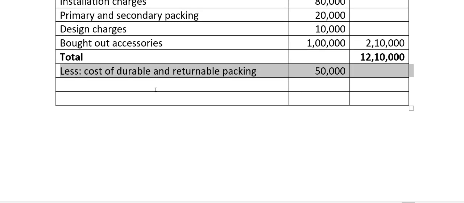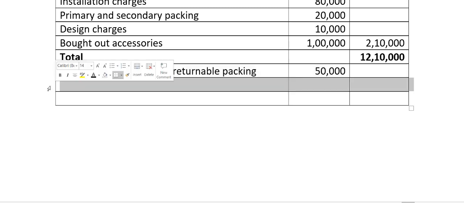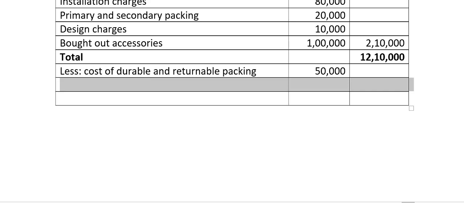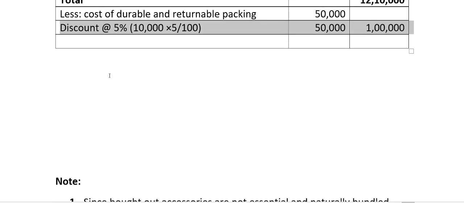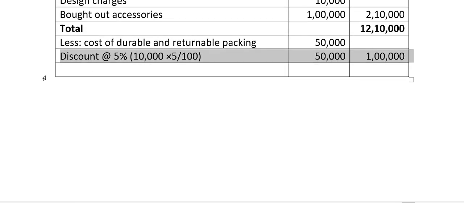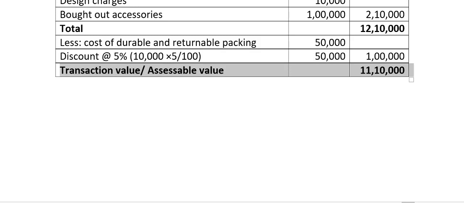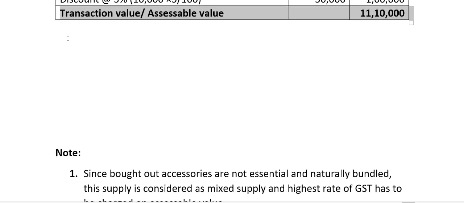From this we will deduct cost of durable and returnable packing 50,000, that is directly given in the question, and we will also go for trade discount which is 10 lakh into 5%, 50,000. So total deduction will be 1 lakh. So by that we will get transaction value, assessable value, or even it is also called as taxable value of supply. So 12 lakh 10,000 minus 1 lakh, 11 lakh 10,000.